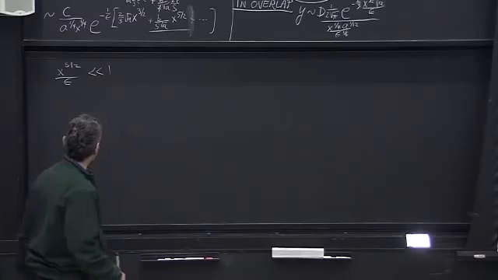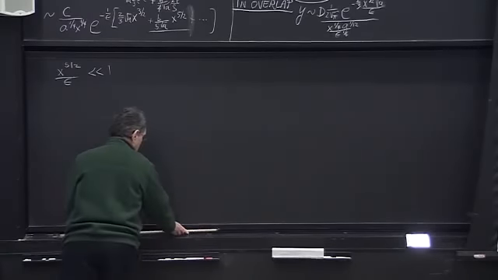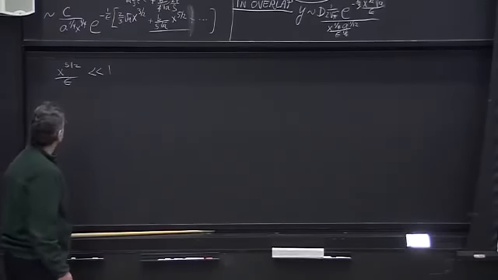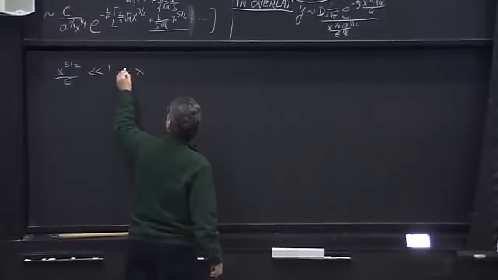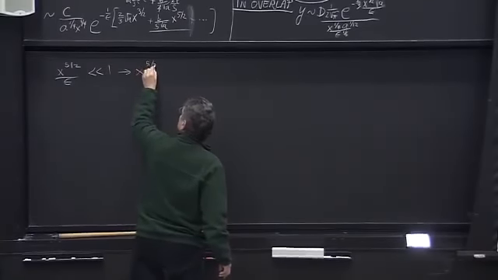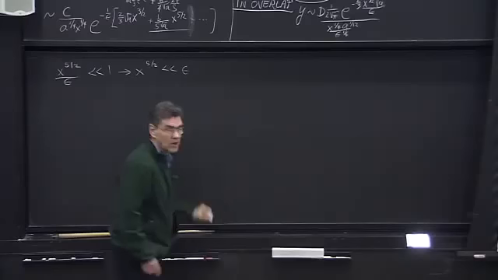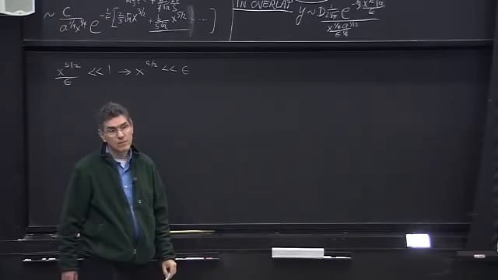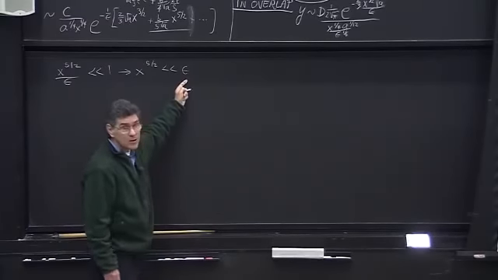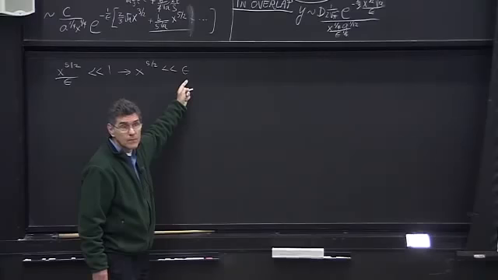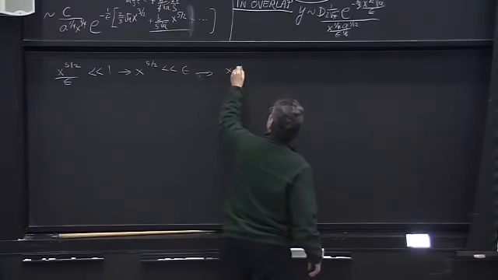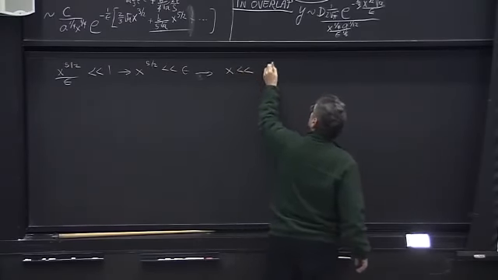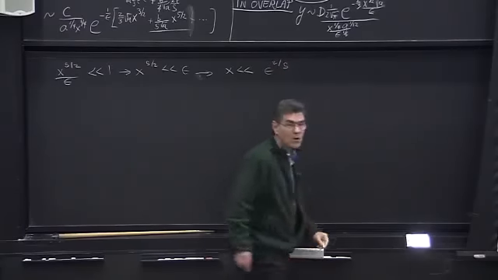And that tells me that x to the 5/2 is small compared with epsilon. Right? It can't be too big. Or that means that x is small compared with epsilon to the 2/5.